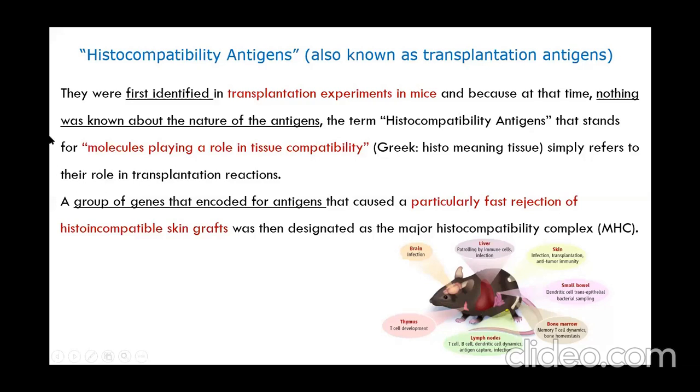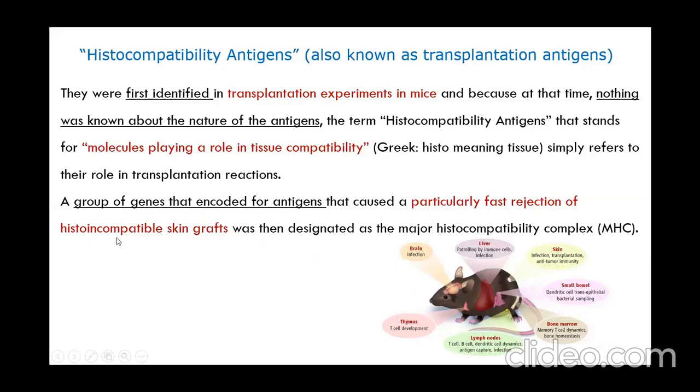So that's why at that time they found some molecules with an important role in tissue compatibility, because a specific group of genes in the host or recipient, responsible for the response to the donor tissue, are called major histocompatibility complex genes. If the genes are acting properly, they have the capacity to recognize the foreign tissue attached to this mouse as self or non-self.